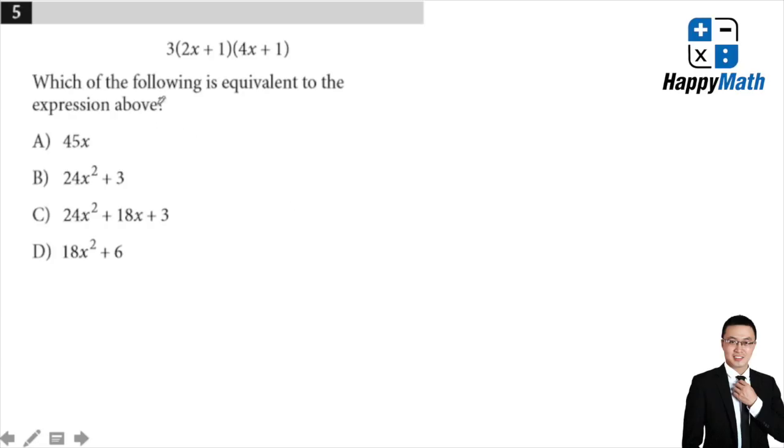Question 5. Which of the following is equivalent to the expression above? We have here a fraction, and you can expand here and compare to the 4 options. So I will multiply 3 and 2x plus 1 first because it's easy.